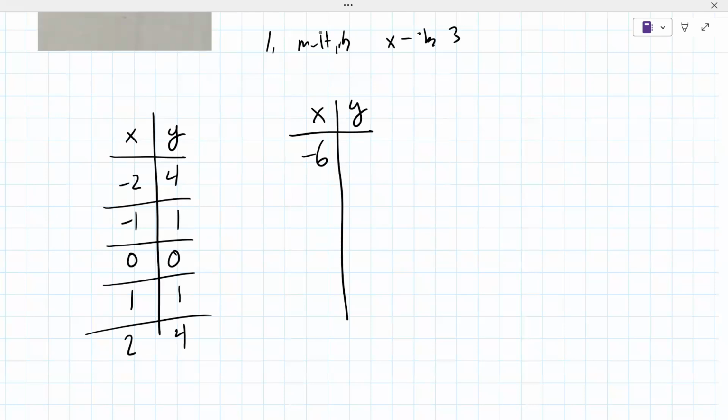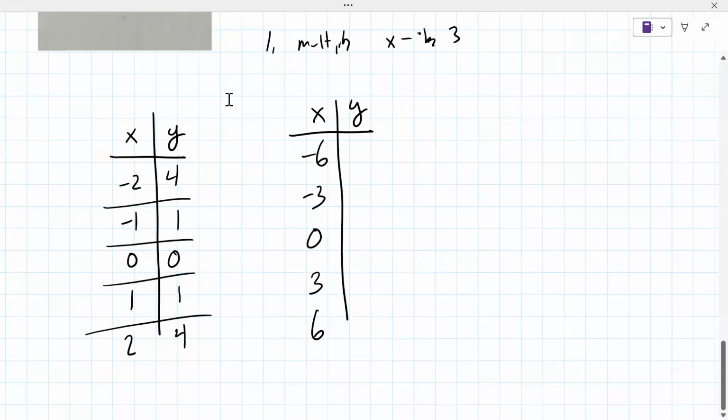Now 1 times 3. -3. 0. A 3, and then for 2 times 3, that's a 6.